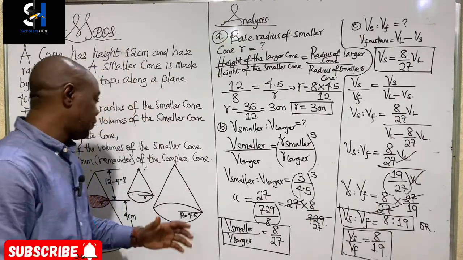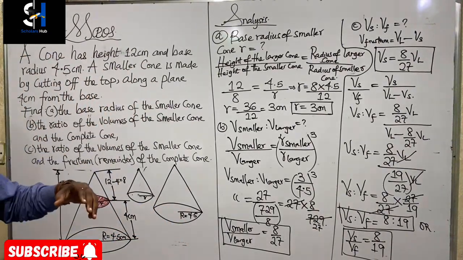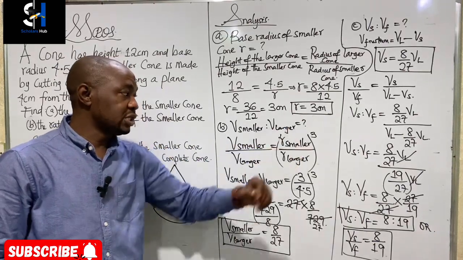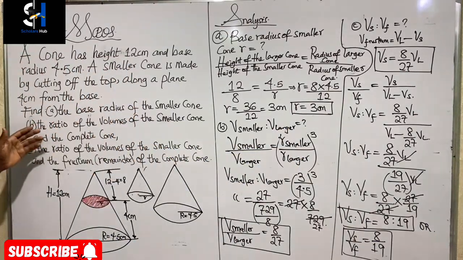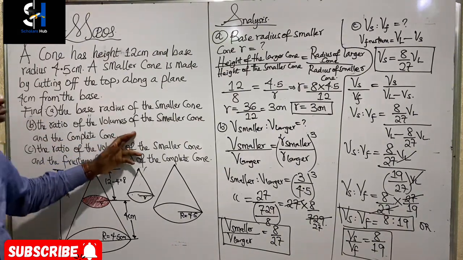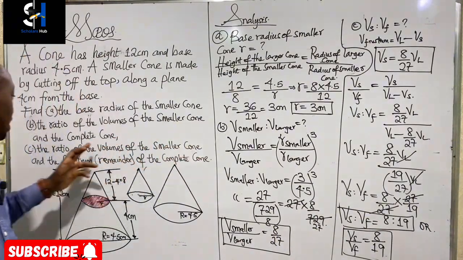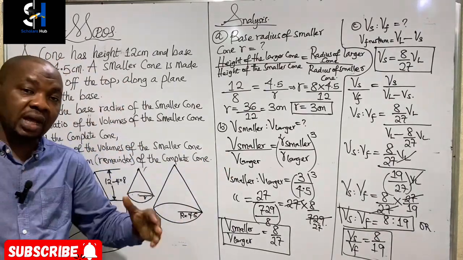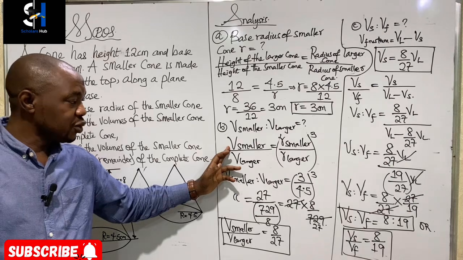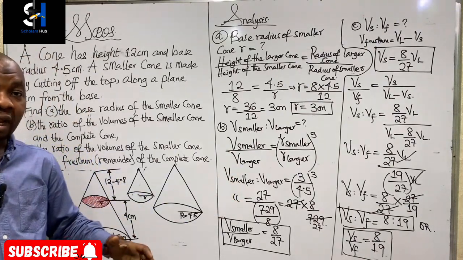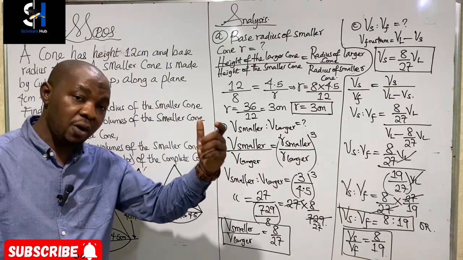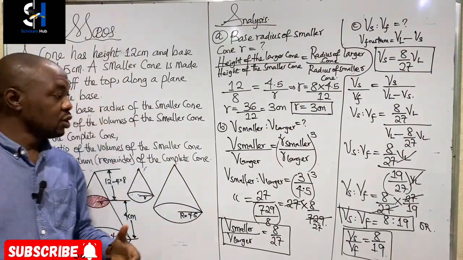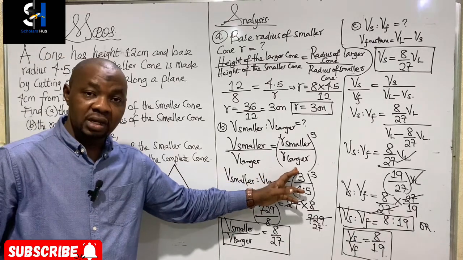So remember, the first question was to calculate the base radius of the smaller cone, and the base radius of the smaller cone is r, which is 3 centimeters. The second question was to find the ratio of the volumes of the smaller cone and the complete cone, which means the larger cone. The volume of the smaller cone over the volume of the larger cone will be equal to the third power of the ratio of the radius of the smaller cone to the radius of the larger cone.